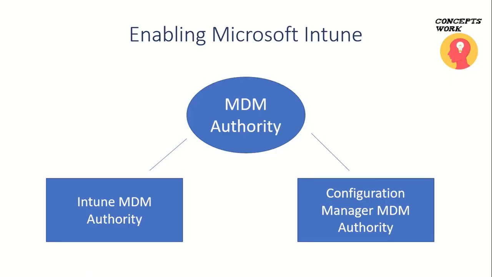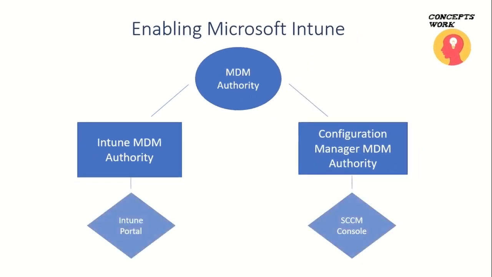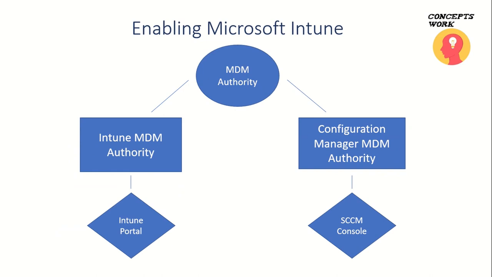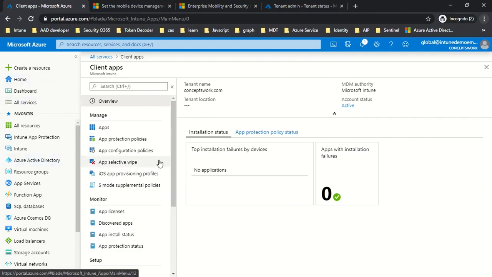So initially, this option was actually customizable. That means you could choose whether you want Intune as MDM authority or you want Configuration Manager as MDM authority. In a nutshell, it means which console you want to use to manage devices. If you select Intune MDM authority, then you have to use the Intune portal to create policies when it comes to enrollment, compliance, or configuration, or even app protection policies.